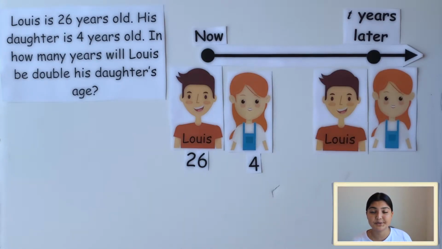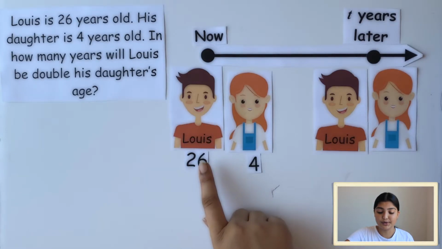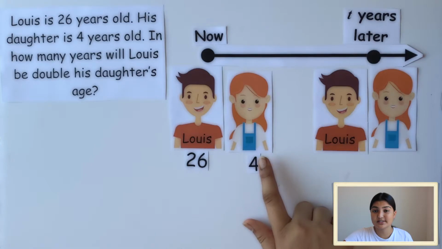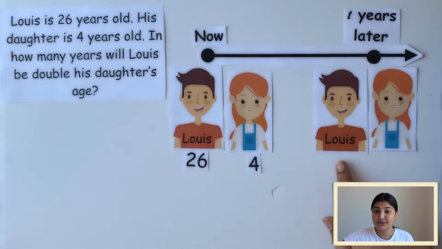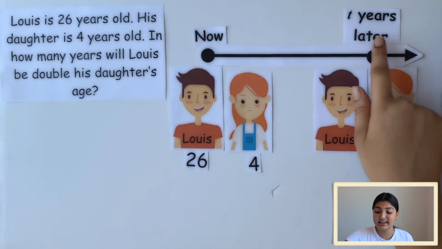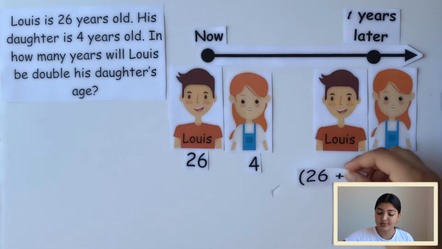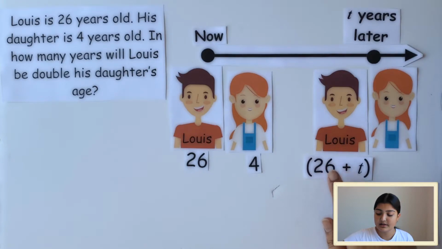All we have to do is add t years to Louis and his daughter's current age. So, Louis's age t years later would be (26 plus t).